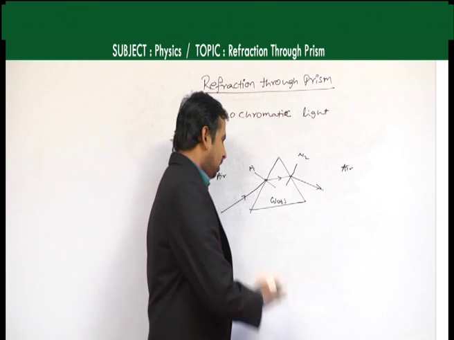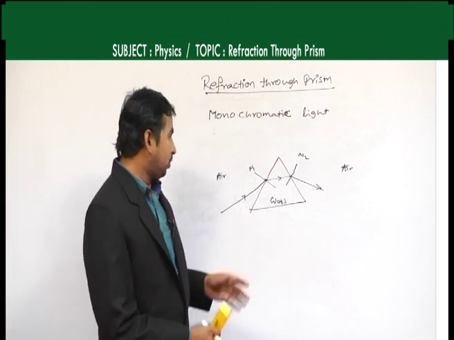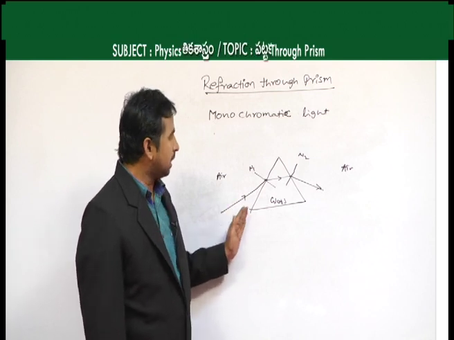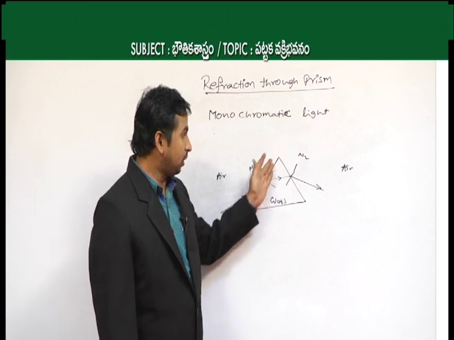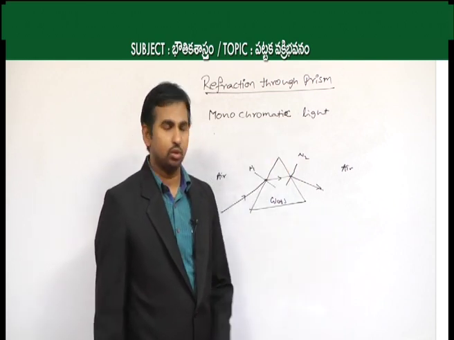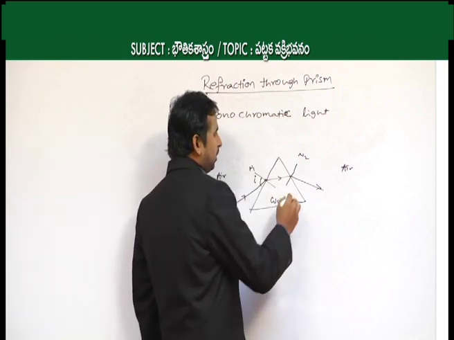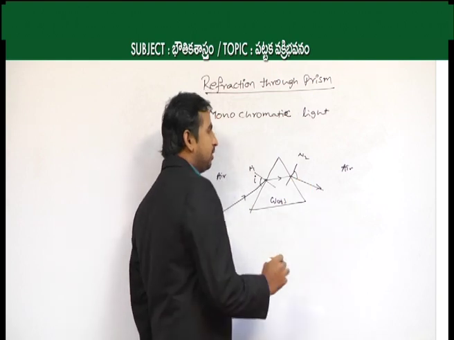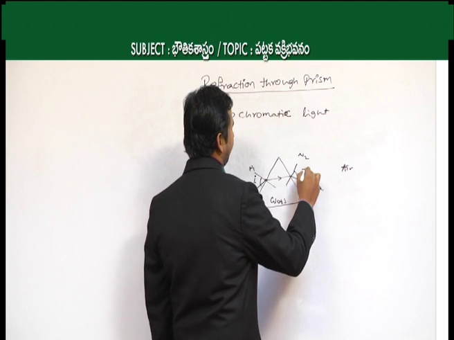During this refraction, the light ray is projected upwards, making some angle with the refracting surface, and it deviates downwards. This angle we call the angle of incidence, and the angle at which the light ray comes out of the glass prism we call the angle of emergence.